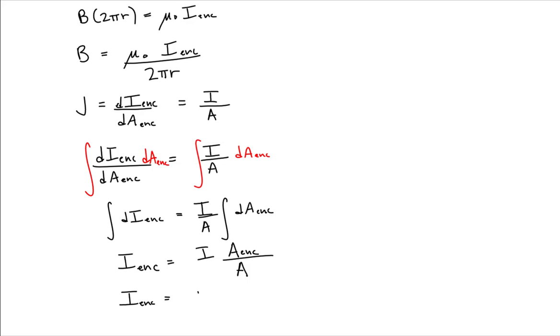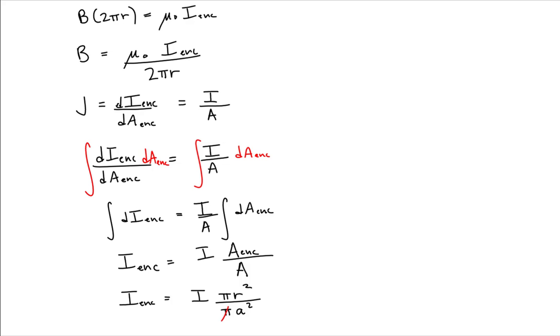Therefore, I enclosed is equal to I times pi r squared, being the cross-sectional area of our Amperian loop, over pi a squared, being the area of our wire.